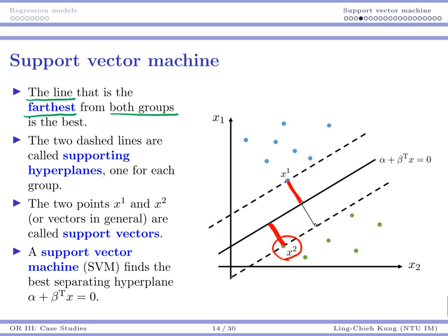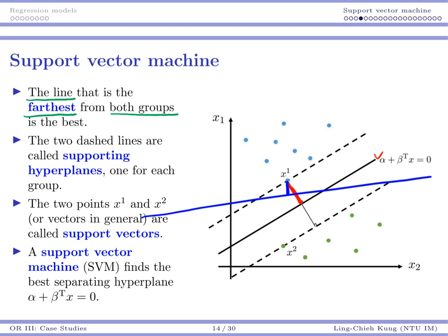Okay, so in that case, if we draw a line in this way, as I printed here, then the distance is the length of this red line segment. How about this? I'm going to draw another line. If I draw the blue line, then you may see that the minimum distance now is just the blue line segment, and that minimum distance is not as large as the red one.